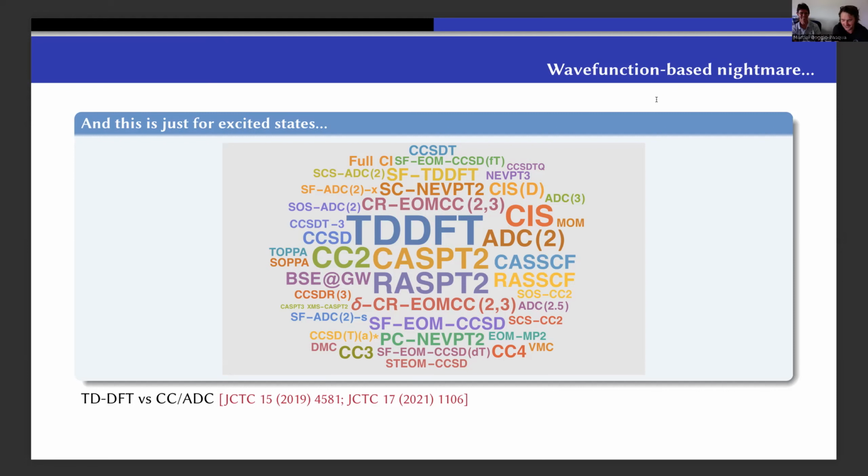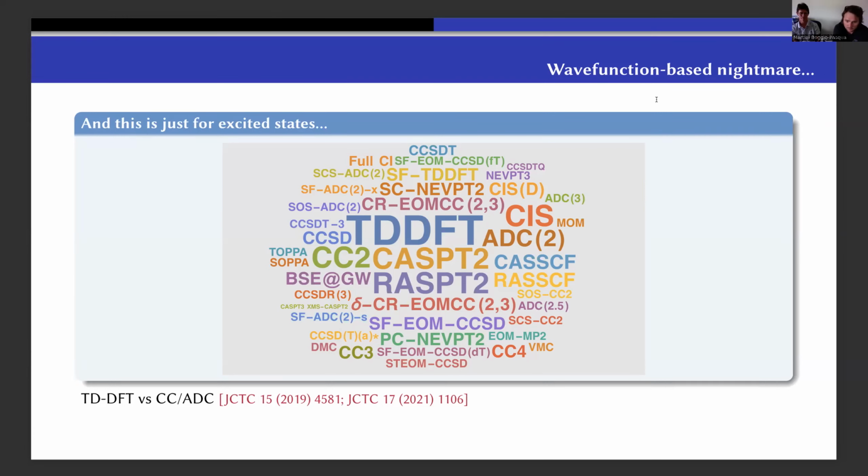Yes, please. Okay, good. We usually make fun of the DFT people, but for ab initio wave function methods we have basically the same problem. Here, in a non-exhaustive list, I've gathered a few excited state methods, and depending on your choice of method, you may have results that are good or very bad, so we have to be very careful.